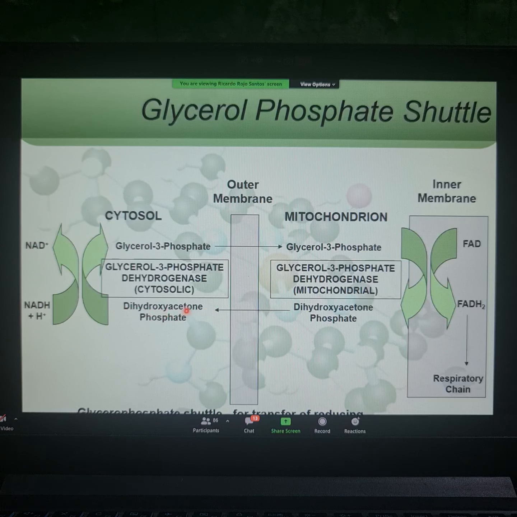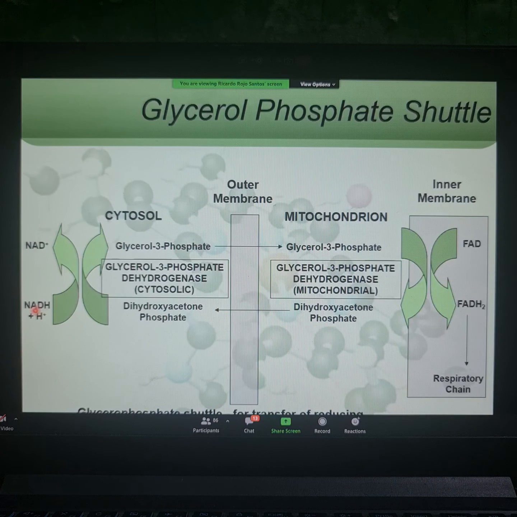It will react with dihydroxyacetone phosphate, catalyzed by cytosolic glycerol 3-phosphate dehydrogenase. NADH will transfer electrons to dihydroxyacetone phosphate. NADH will be reoxidized back to NAD. Dihydroxyacetone phosphate will be converted to glycerol 3-phosphate.